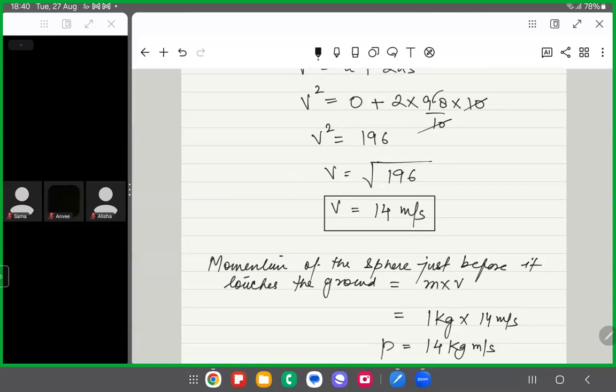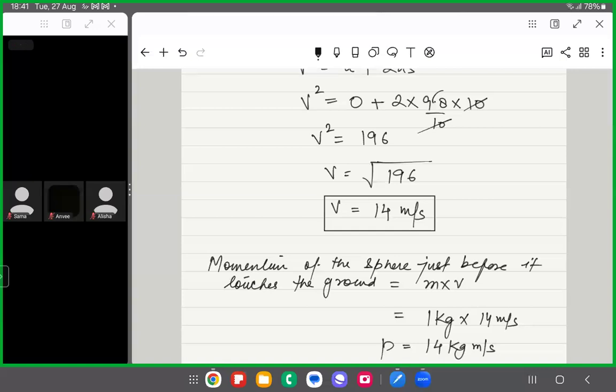Means on reaching the ground, the iron sphere comes to rest. So its final momentum is equal to 0, right? So according to the law of conservation of momentum, momentum transferred to the ground is equal to the momentum of the sphere just before it comes to rest.